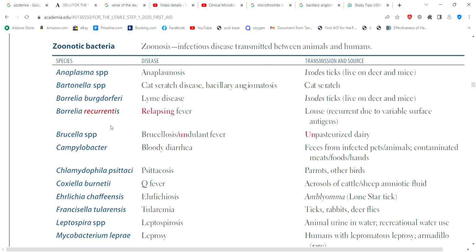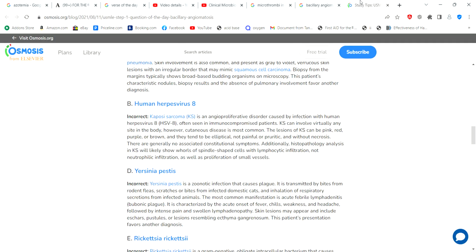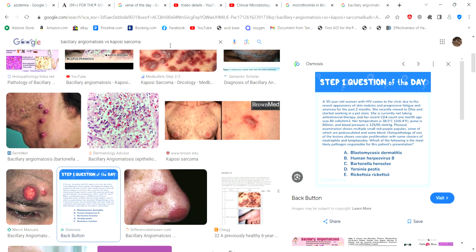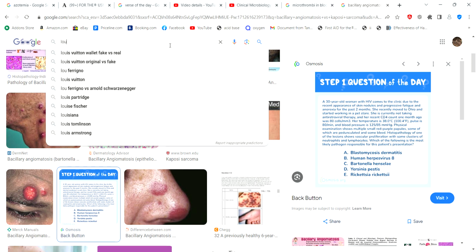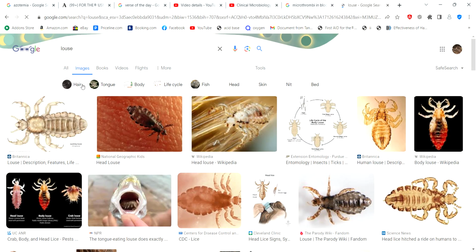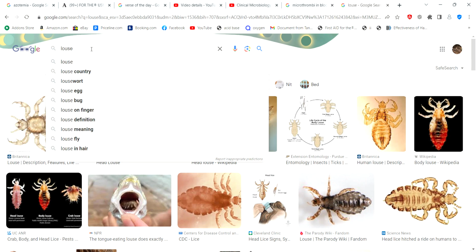It's carried by the louse, recurrent due to variable surface antigens. I imagine the louse to be like a tick, something that looks like a tick. What is a louse? Okay, louse versus tick.